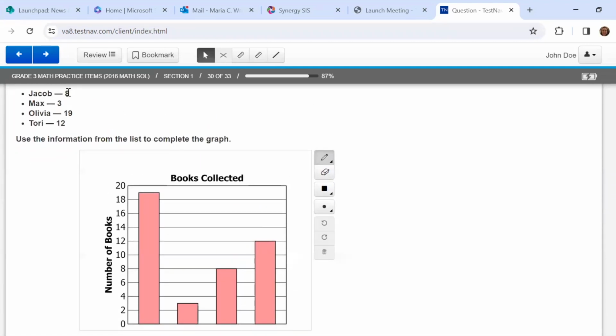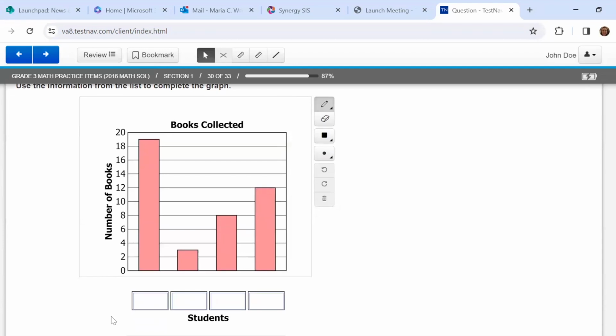So if Jacob had 8 books, which one do you think is Jacob's? Yeah, this one right here. I might also use my straight edge or draw a line to see, but there's 8.